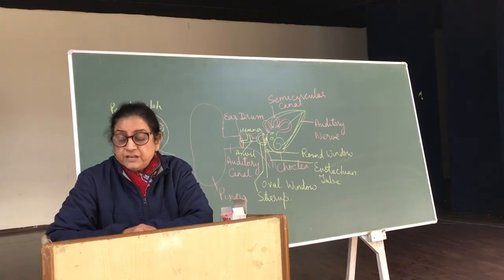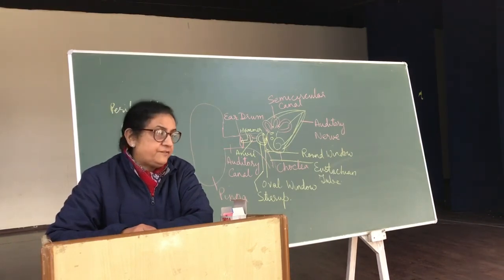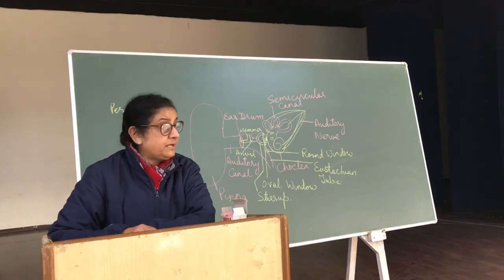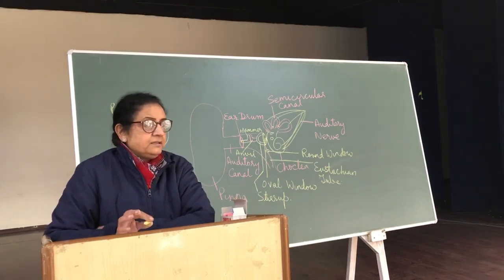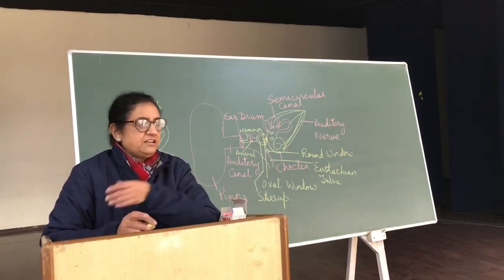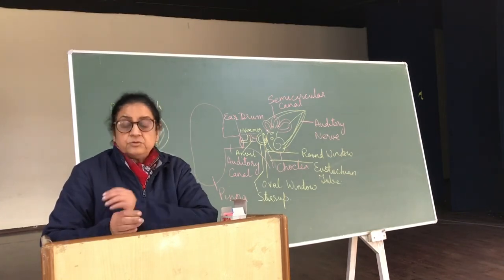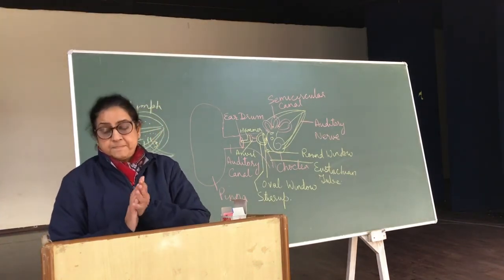And dogs can perceive sounds of even higher frequencies. That is why they can make out easily if some change in the environment is there. So this is how we hear.